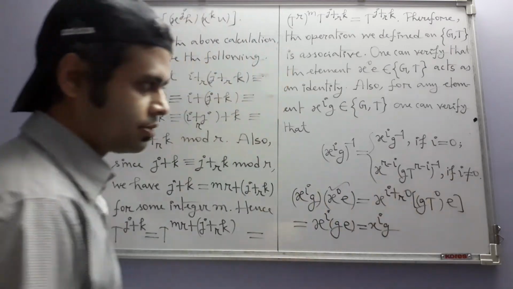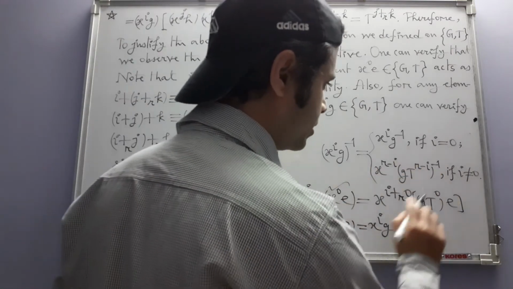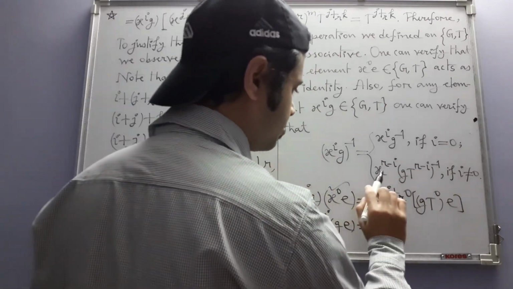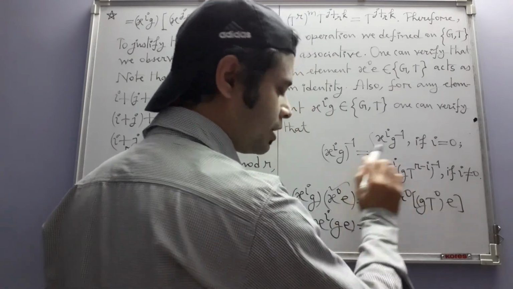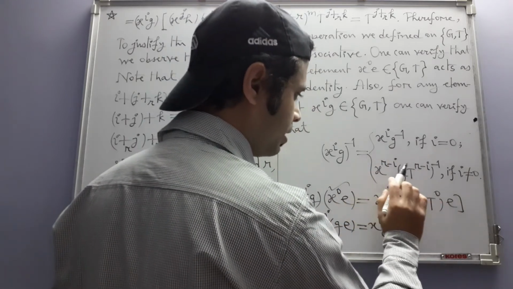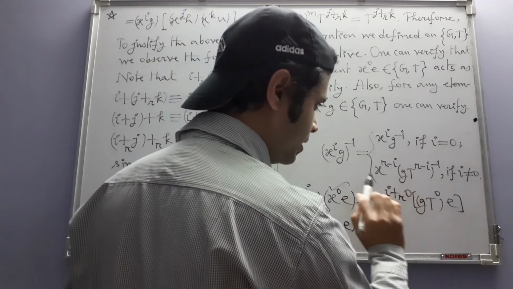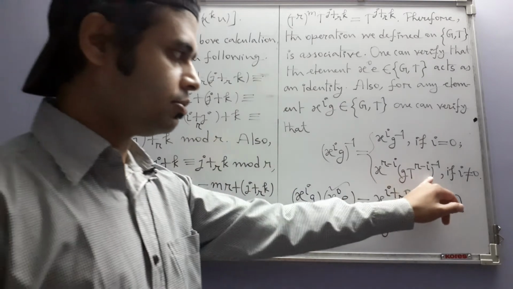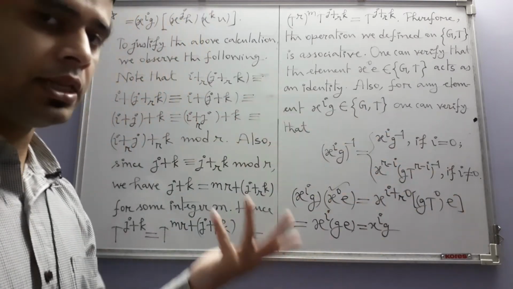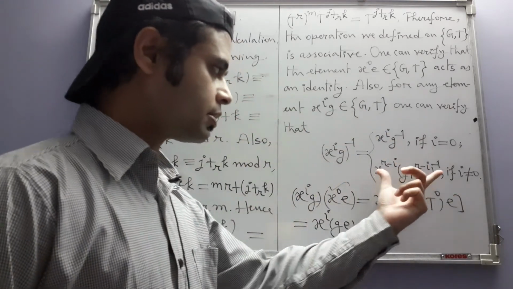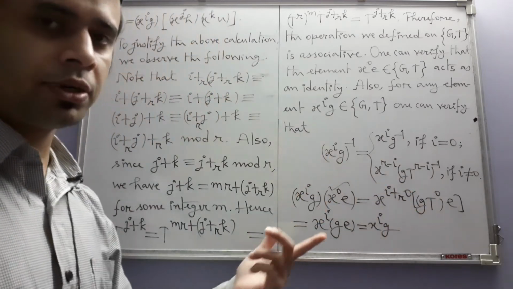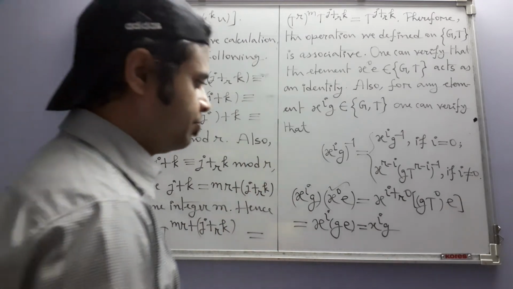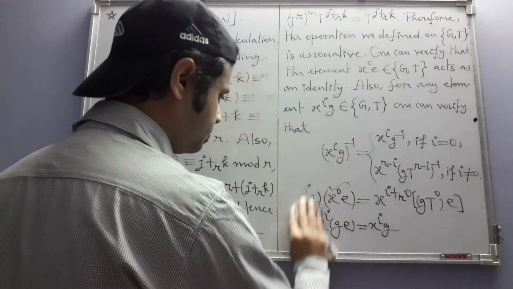In this case, it is somewhat more complicated because of the presence of non-zero i. Here the inverse appears like this: x to the r minus i, and then on g you apply t to the power r minus i, so you get a group element, you take the inverse of that element, and this turns out to be the inverse of x to the power i g for non-zero i. So this part I leave to you.